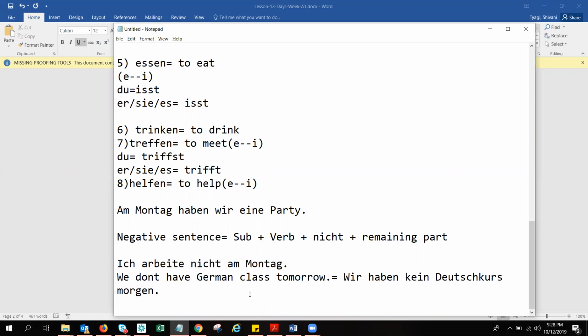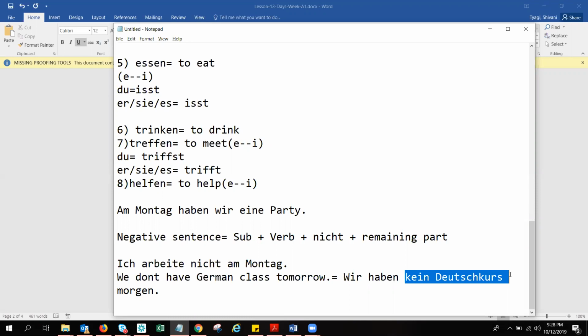So that doesn't take any noun. Is Morgen the same as tomorrow or is it morning? It's both. Morgen means tomorrow and morning. So it depends on the context.